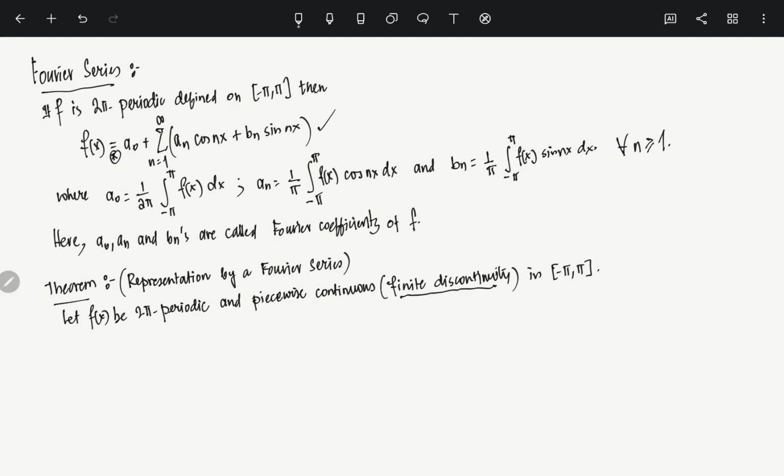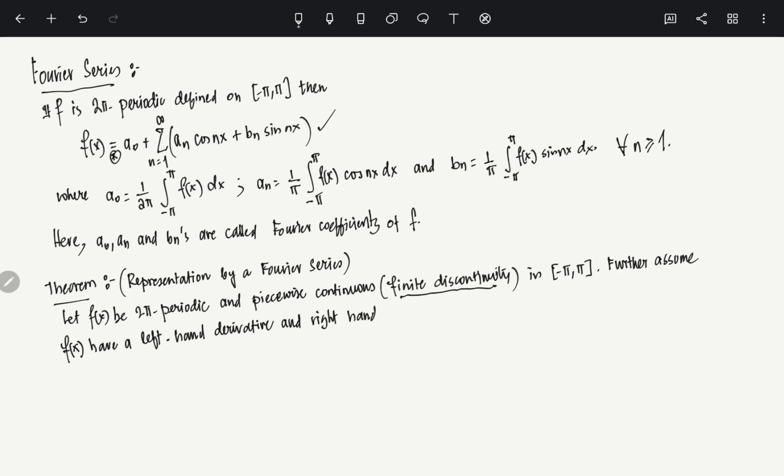Clear? Okay, and we further assume f of x has a left hand derivative and right hand derivative.